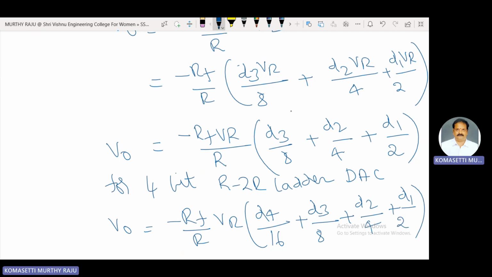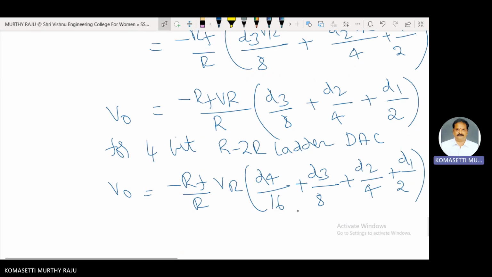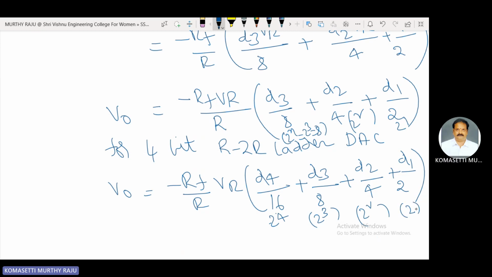This is for 4-bit. For 3-bit, the denominators are 2 cube, that is 8, 2 square, that is 4, and 2 power 1. For 4-bit, it is 2 power 4, 2 cube, 2 square, 2 power 1.